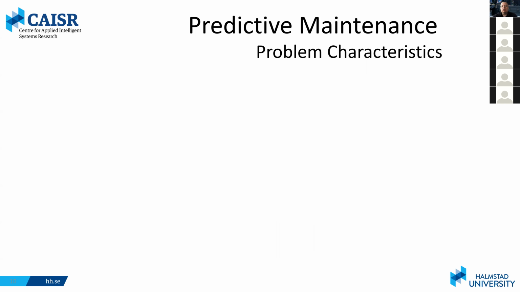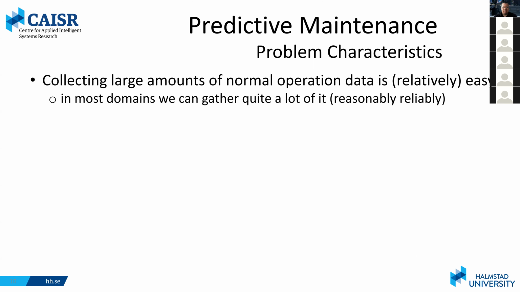So if we look at the main problem characteristics of predictive maintenance, generally it's reasonably easy to collect large amounts of normal operation data.